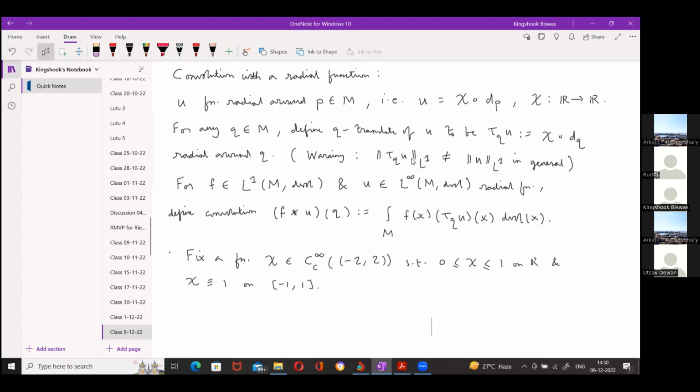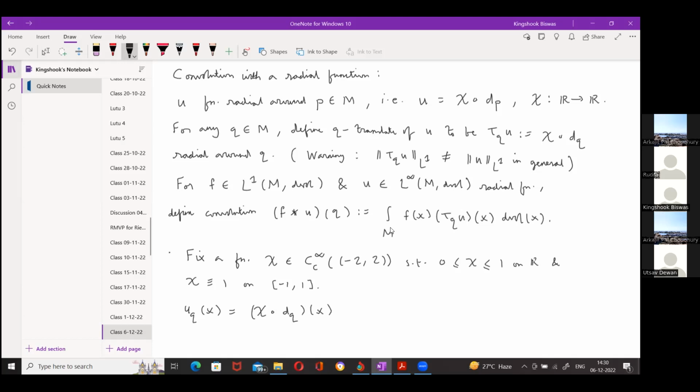So here what we need to do is take the function, say, u sub q of x, equal to chi composed with the distance function rho from q of x.